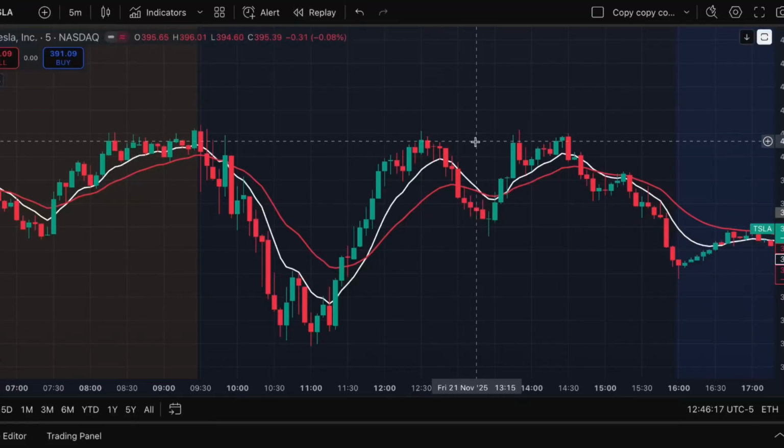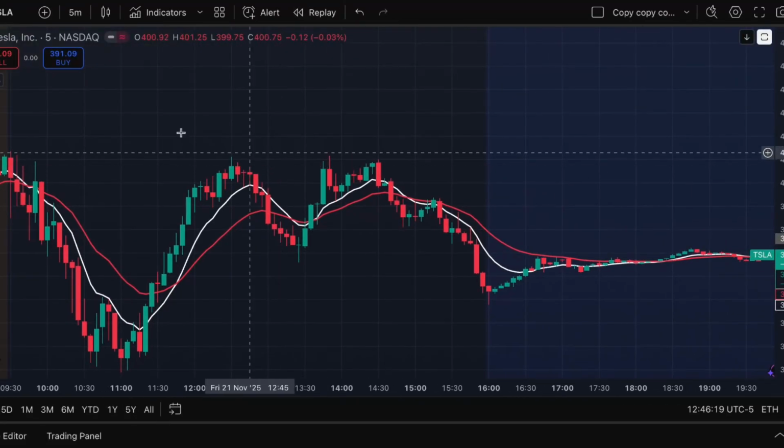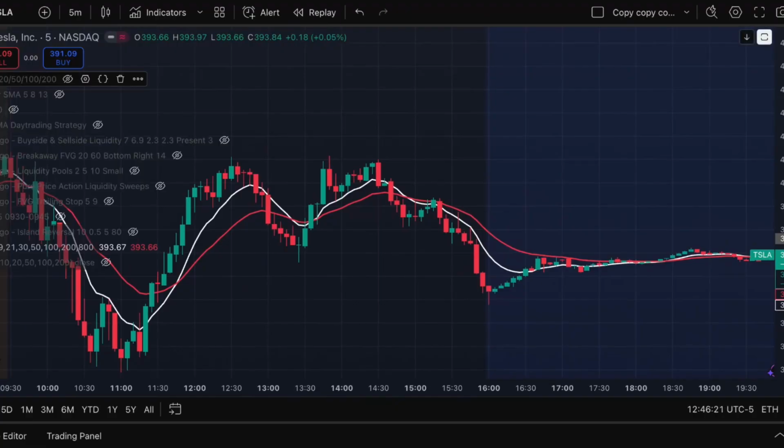Today we are going to learn about SMAs and EMAs. An SMA is a simple moving average, and an EMA is an exponential moving average. The difference is that an EMA shows more recent price action, while an SMA is kind of older data.